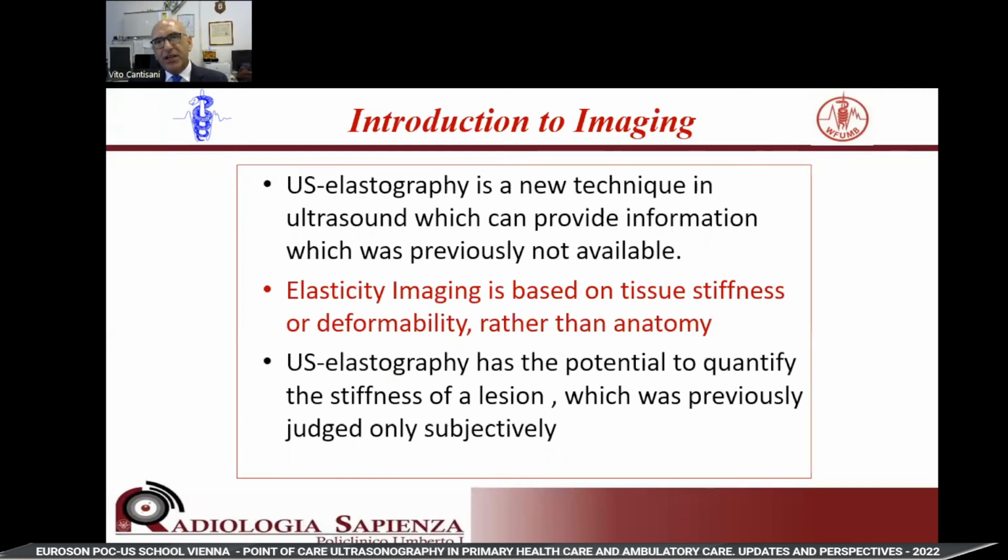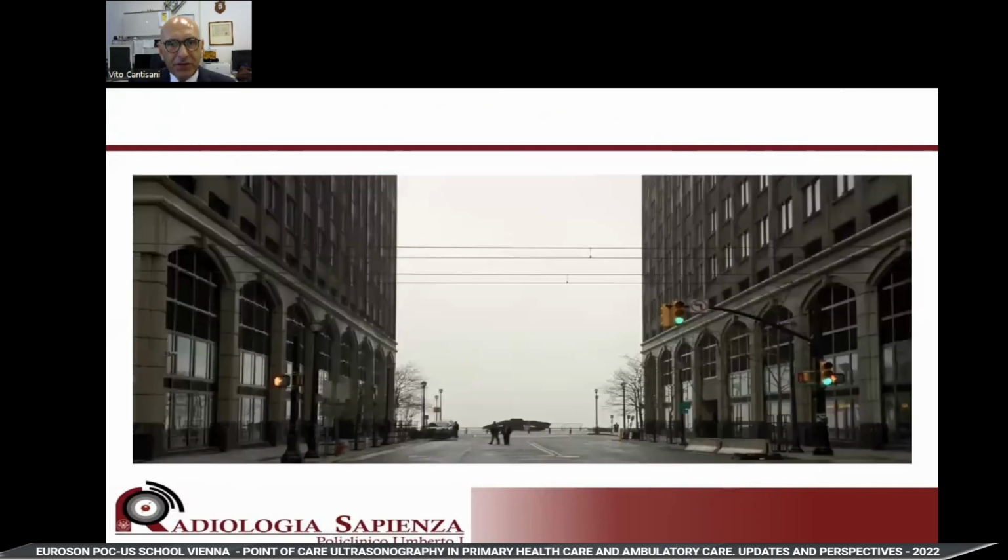Therefore, we tried to introduce ultrasound elastography-based imaging. It's a new technique borrowed from MRI, introduced in ultrasound, that can provide information previously not available. It is based on tissue stiffness or deformability evaluation rather than anatomy.